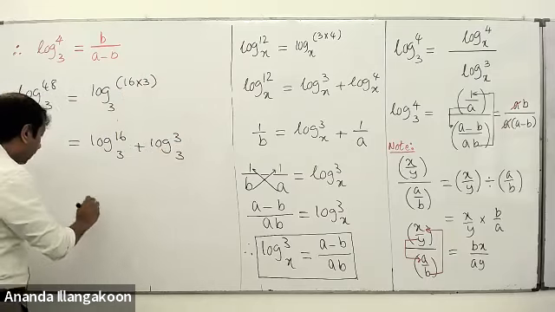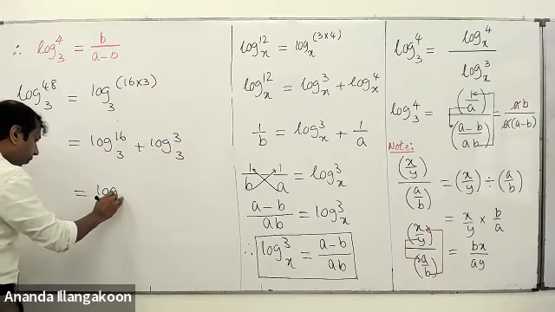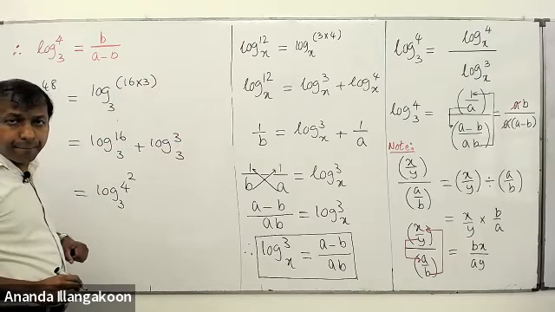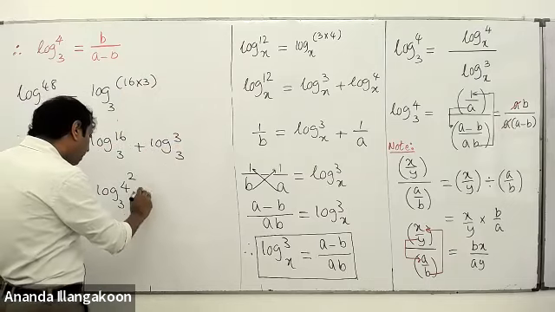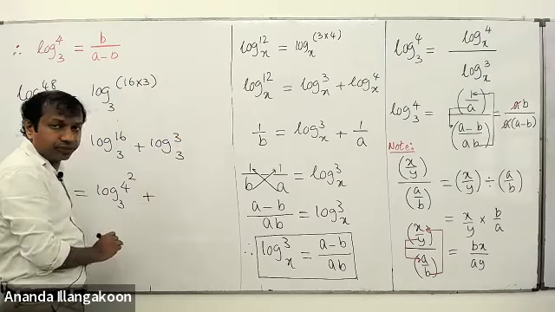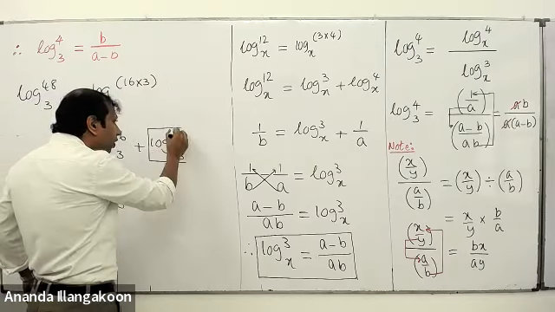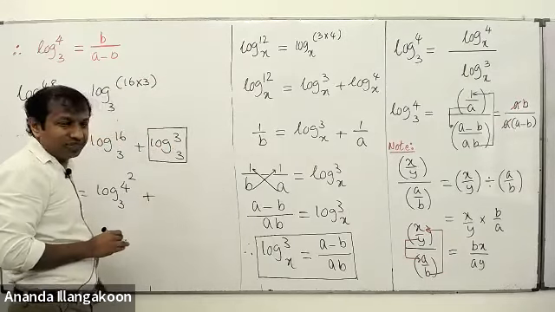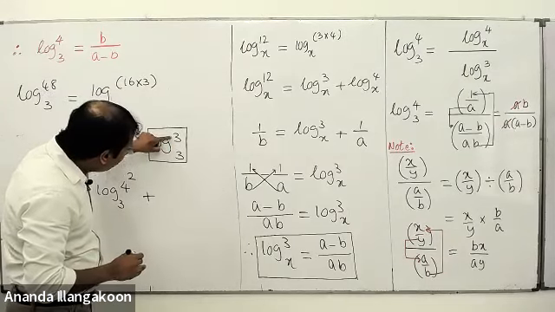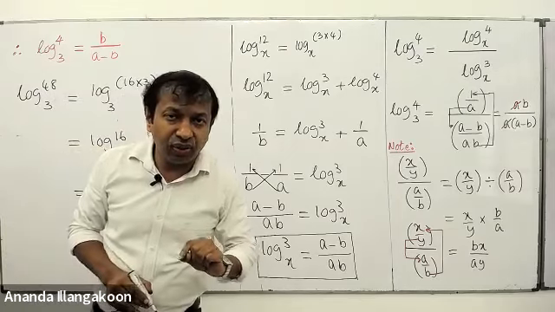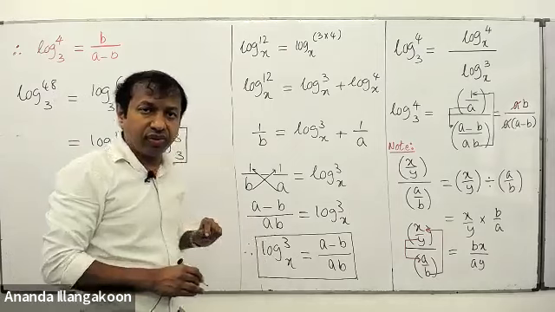This 16 I can write, people, as 4 squared. Correct, no? 4 squared is 16. And this log 3 to the base 3, what is this answer? When the base and this number are both equal, then the answer of that log is 1.